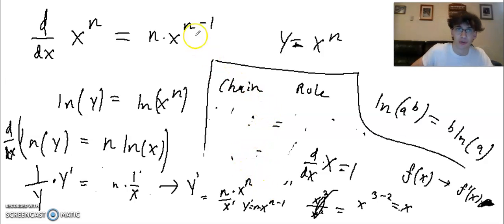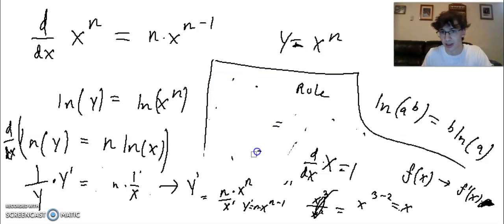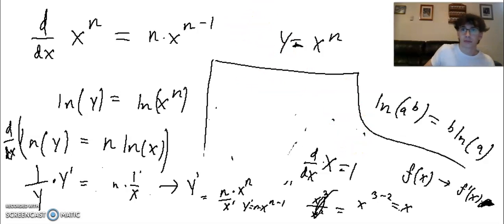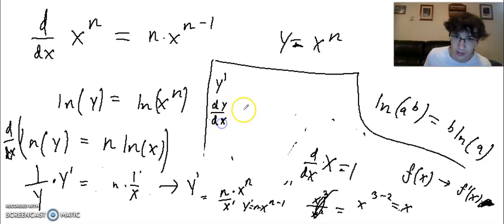But let me just rewrite this a little better, because it got a little cramped towards the end. So y prime, which another way to write it is just dy/dx, equals, when y equals x to the n, just going to be n times x to the n minus 1.